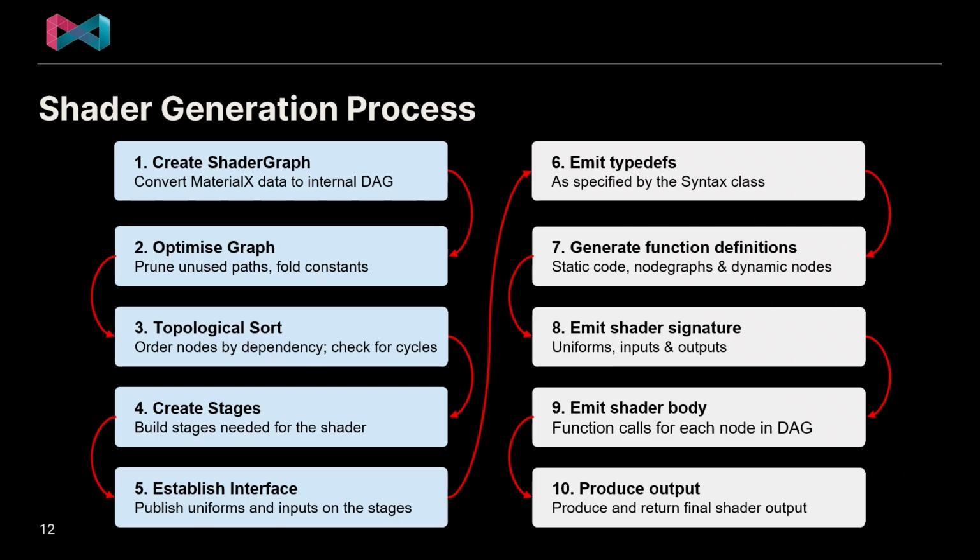Then we generate all the function definitions. So from the static code, from the node graphs, from these dynamic nodes, we generate all the function definitions we need. Then we emit the shader signature with inputs and outputs, and we emit the shader body with all the function calls for each node in the DAG. And then we produce the final output result.